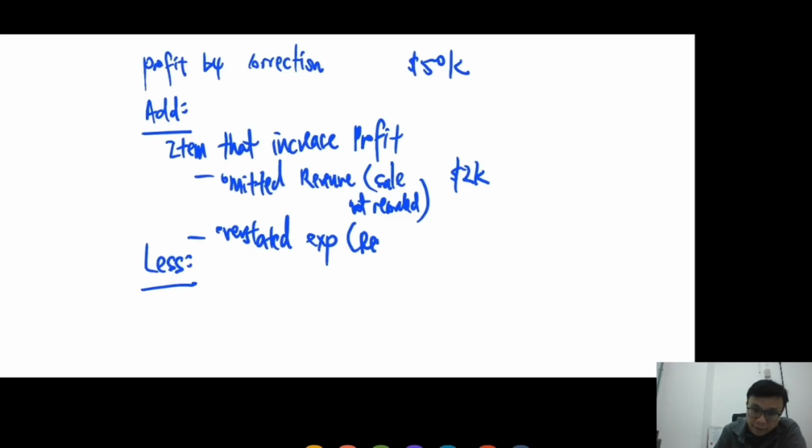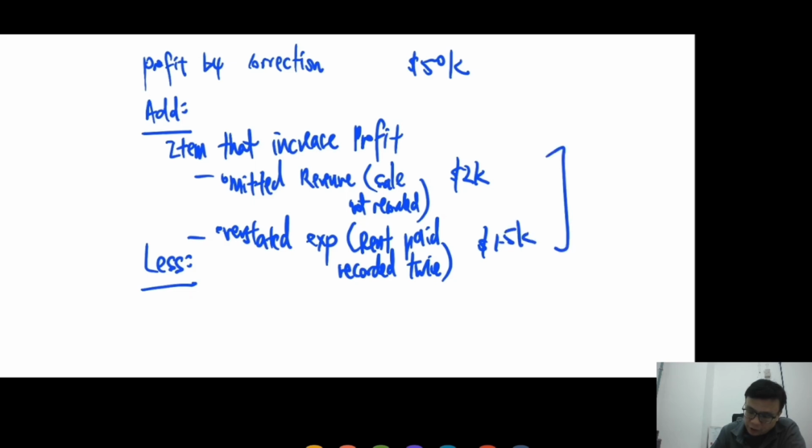Example, rent paid, recorded twice, 1.5K. So this all in all will be 3.5K.